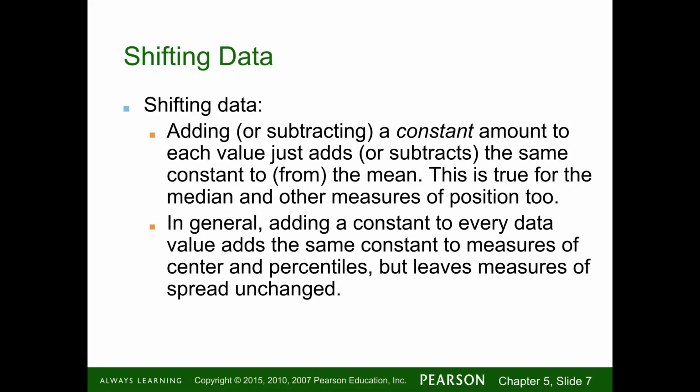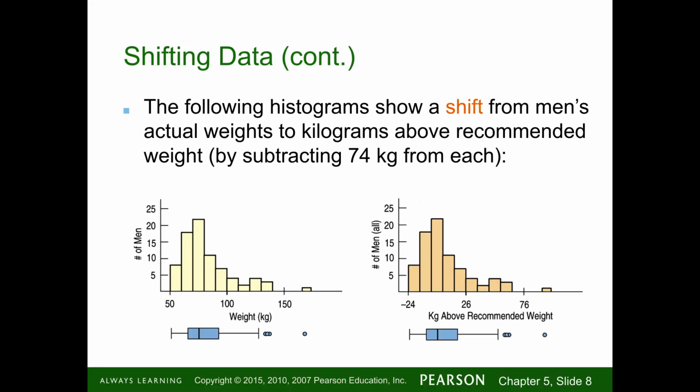If I do that to every person, the Z-scores, when you have standardized scores, are usually unaffected because they're based on the spread from the mean. The mean will change. The mean will go down by 1 inch. But the Z-scores will remain the same, and that's what they're trying to tell you. But you do shift the data, basically.